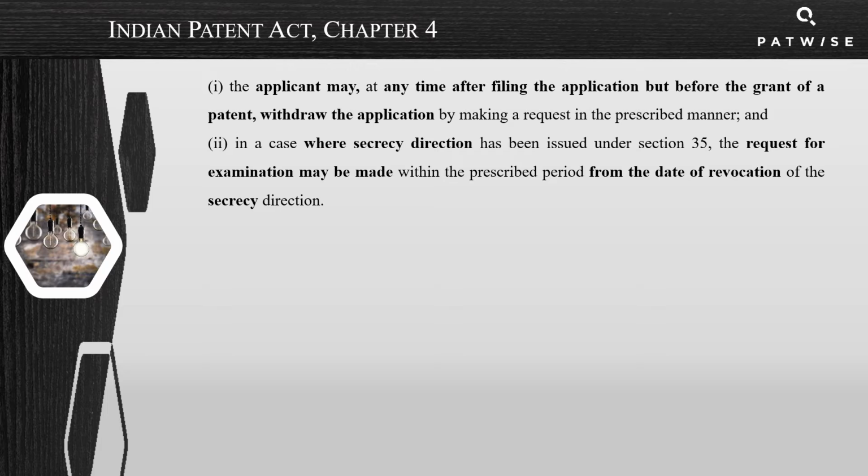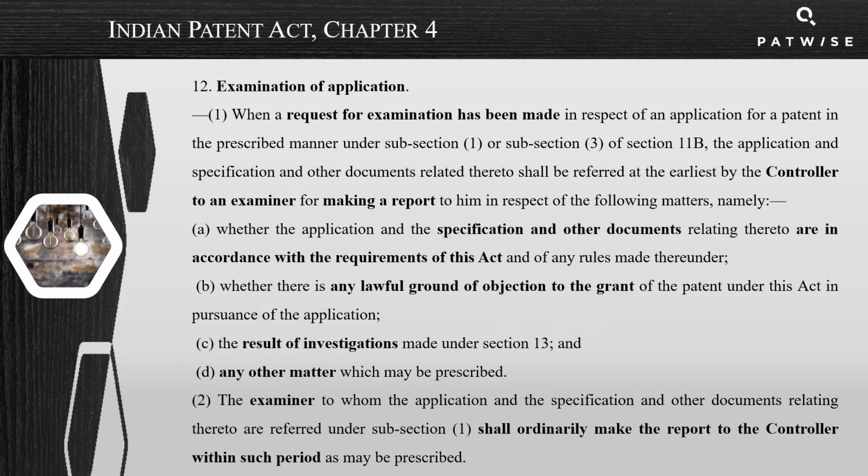So the prescribed period for request for examination is 48 months, any time before its expiry, but that time limit will start only after the revocation, which means the controller has removed the secrecy on that particular patent. So you have much more time. So these are the important rules of request for examination of a patent application.